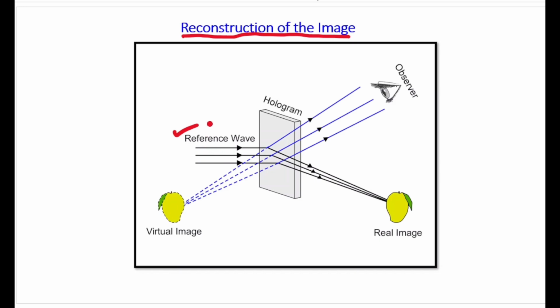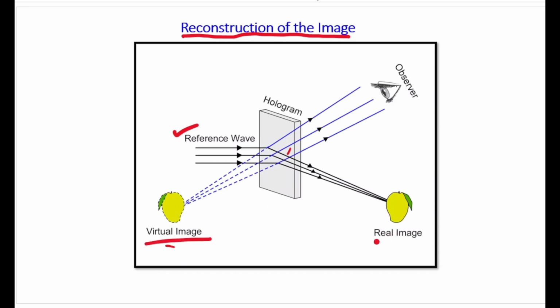This wave interacts with the interference pattern recorded on the hologram. Therefore the hologram acts as a diffraction grating and it produces two sets of diffracted waves. The diffracted waves that carry the same phase and amplitude of the object interfere and reconstruct a full three-dimensional virtual image of the object behind the hologram at the original position of the object.